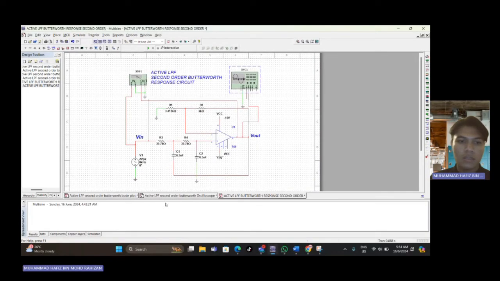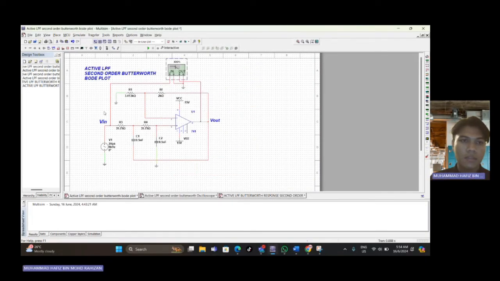So now we will go to Multisim. So this is an active low pass second order Butterworth for Bode plot. So this is the circuit. As we know, we just calculate and then put the values in this circuit. For example, RF we assume 2 kilo ohm, and then R1 that we get from the calculation is 3.413 kilo ohm, and then R3 and R4 are 39.79 ohm.